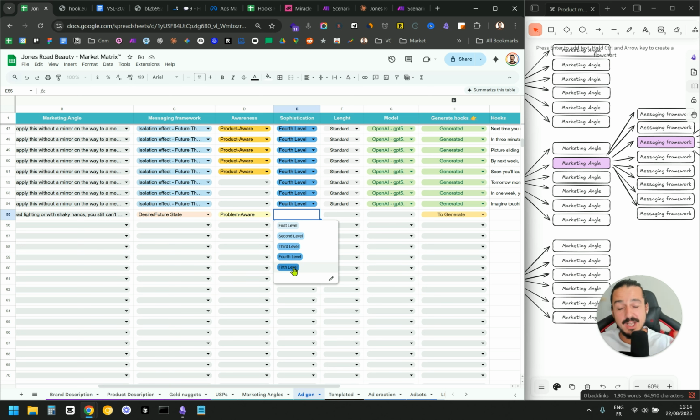So the only way to actually be seen by a customer is by providing something that is different from all the other competitors that this specific customer wants. It slightly differentiates the way we talk. So for example, here it's skincare. It's fourth level, fifth level.